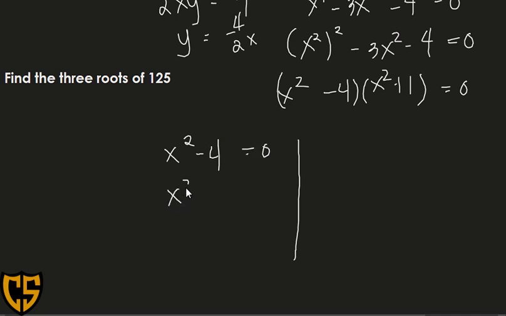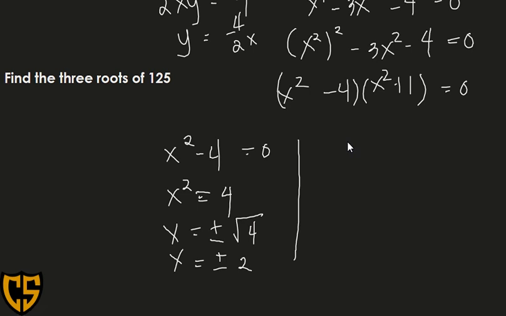X squared is equal to 4, then x will be equal to plus minus the square root of 4, then x is equal to plus minus 2. Next, we have x squared plus 1. Okay, so that is it for our x value.